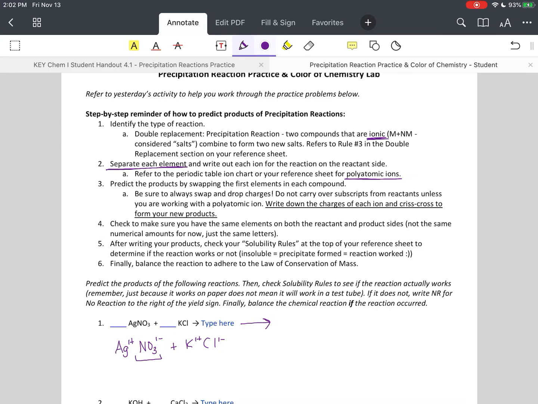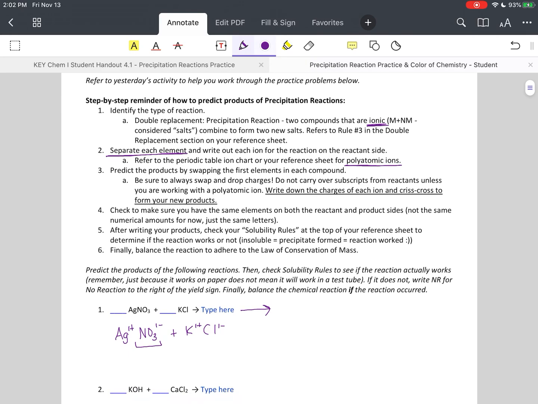In a double replacement reaction, the easiest way to predict your products is to just take your first elements, or your cations, and swap their places.